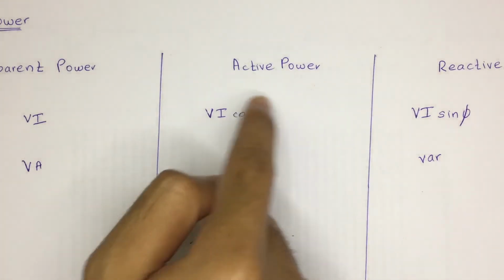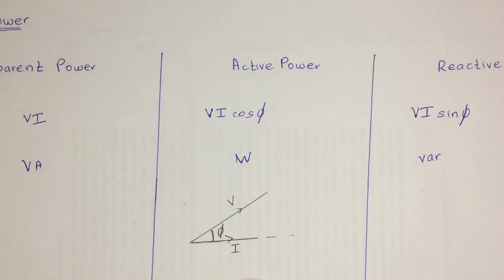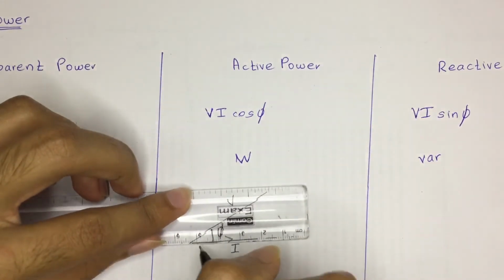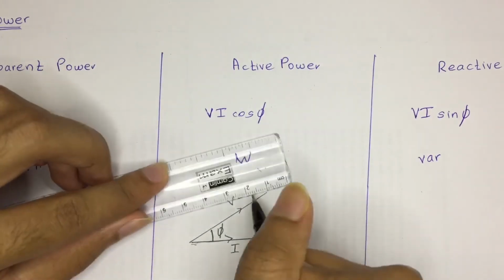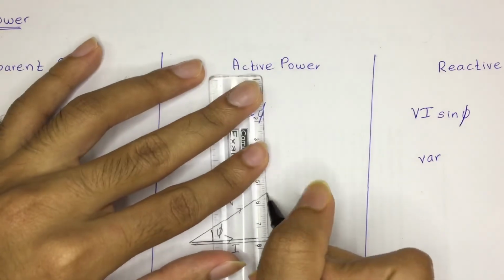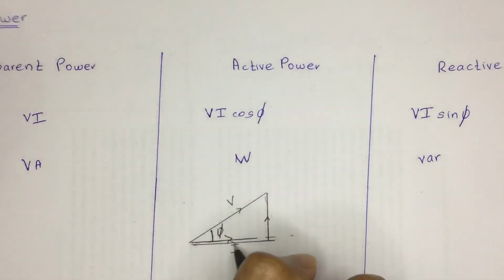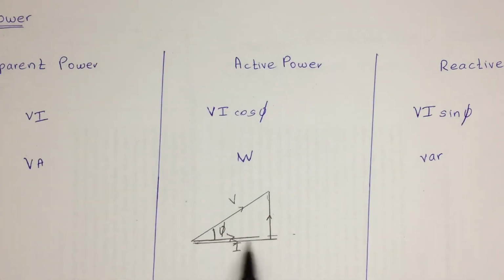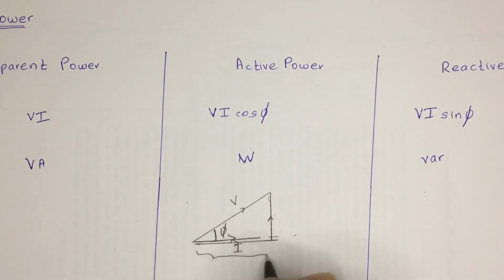Actually, we knew that active power is the power we gain from that resistor. So when we are considering the resistor, the voltage across the resistor can be gotten by using this. If we divide this voltage phasor into two, let's say I'm going to divide it into these two. I can directly tell this part would be the resistance part.